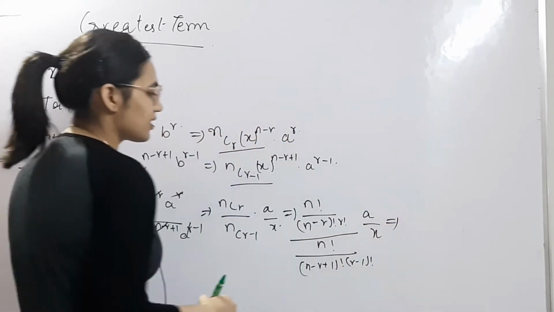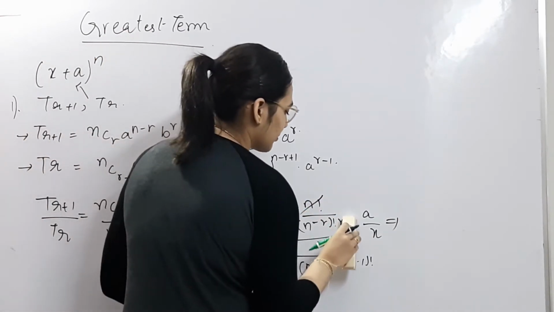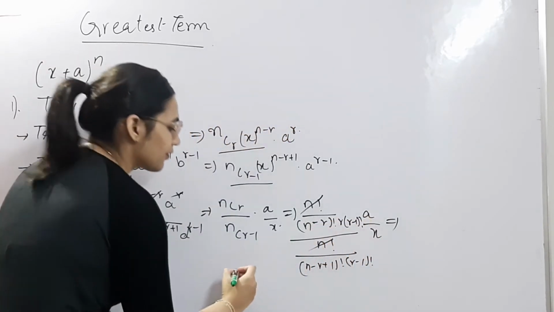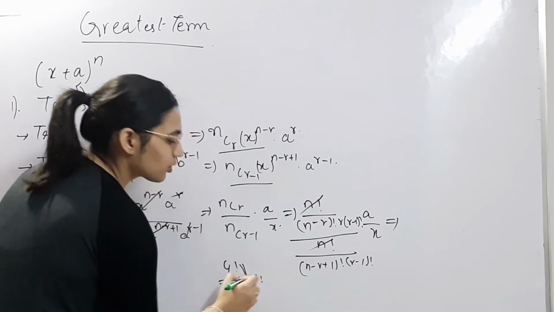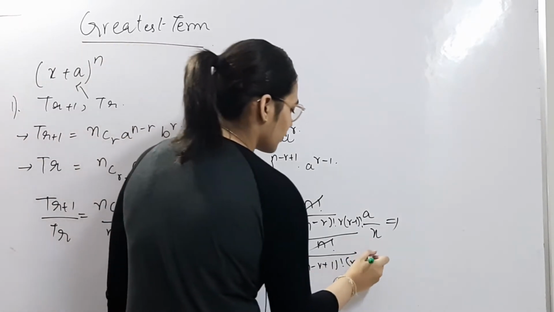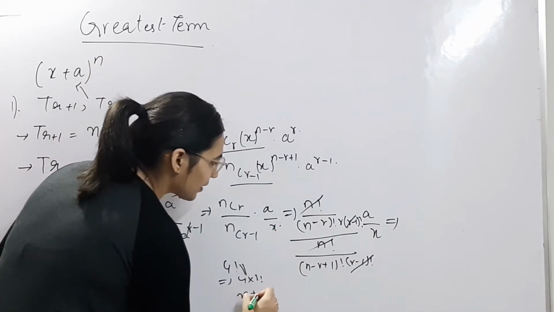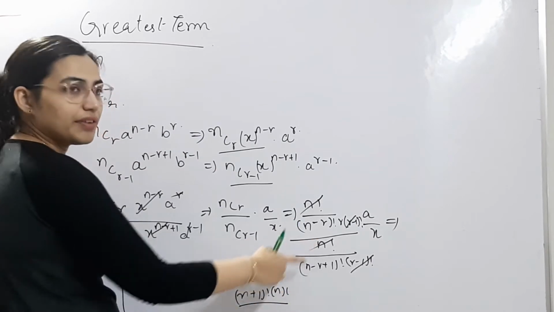So how do we get this? Cancel this. r factorial can be written as r into (r minus 1) factorial. If you say 4 factorial, you can write this as 4 into 3 factorial, right? These both are the same. So that is the formula. So we'll cancel this as well. And in here also it's like (n minus r plus 1) factorial into (n minus r) factorial. So this is the logic we are following to cancel this.